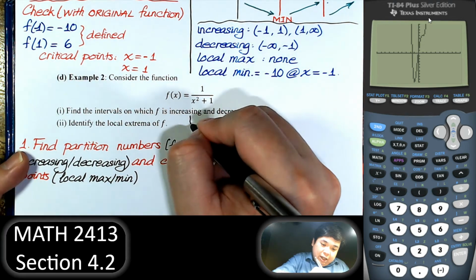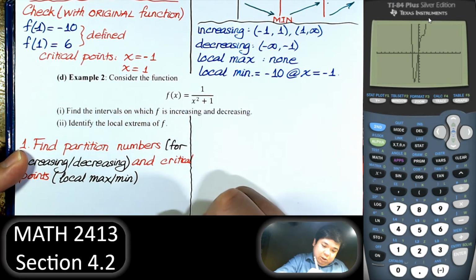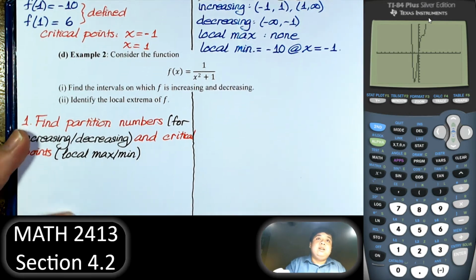Either way, we start with the derivative equal to 0 or does not exist.